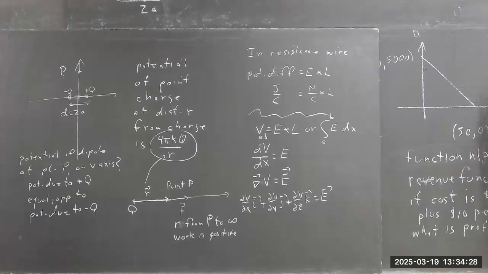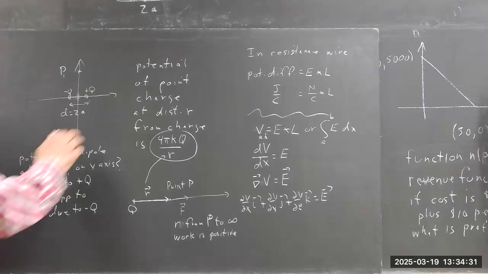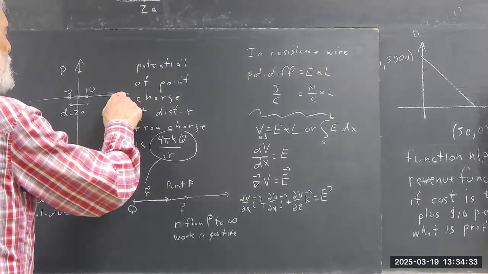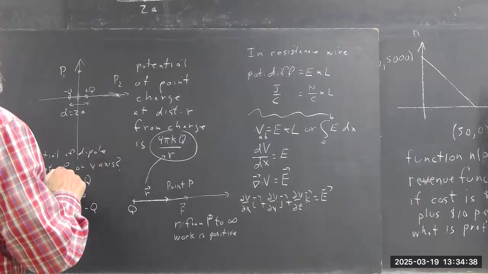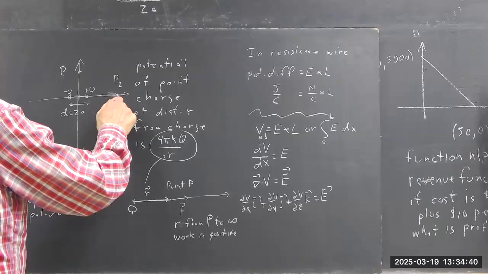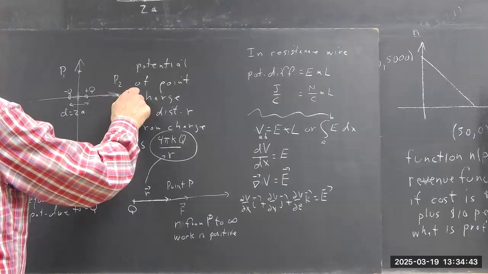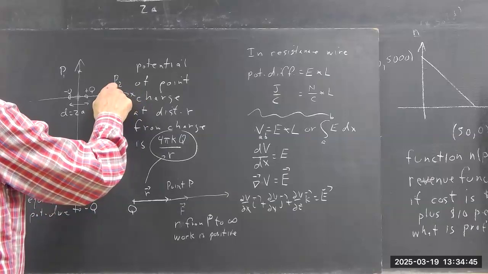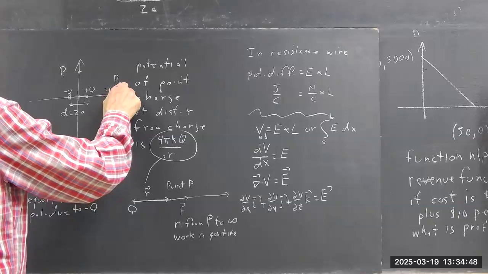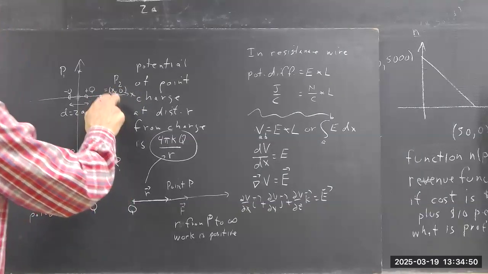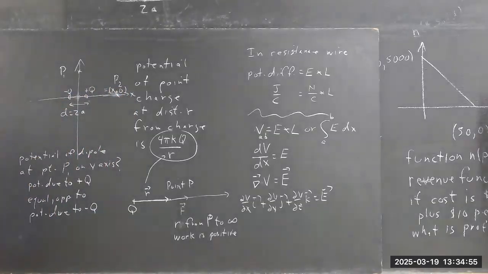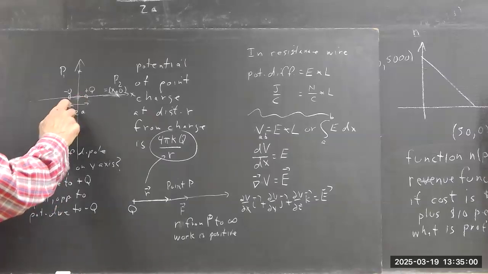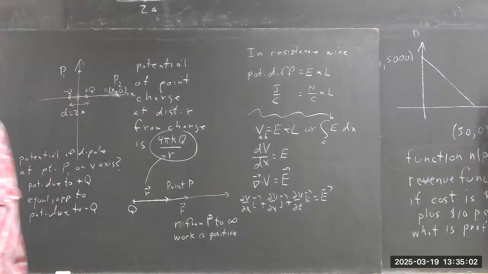Okay. Now, what if we have a point, here's our x-axis. Let's say that P2 is at the point x, 0. What's the expression for the potential due to this dipole?